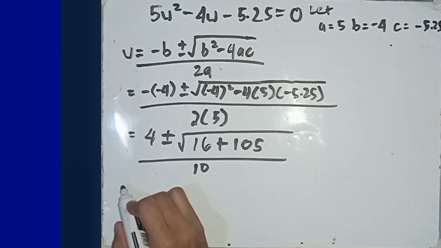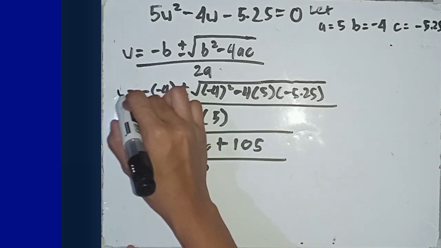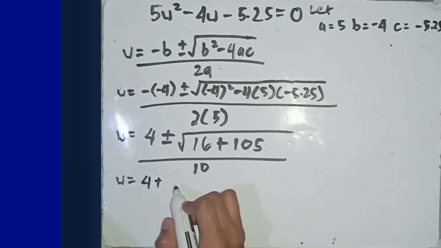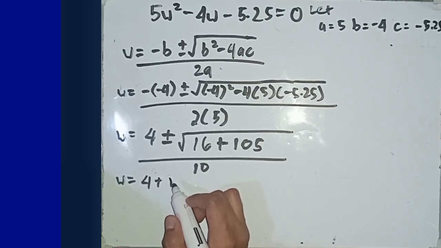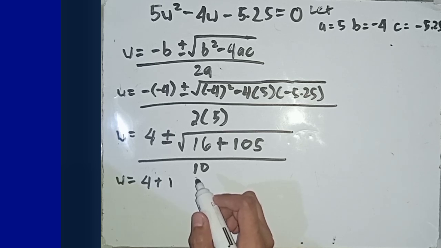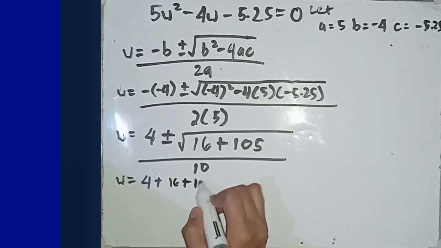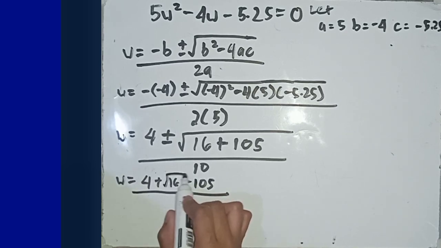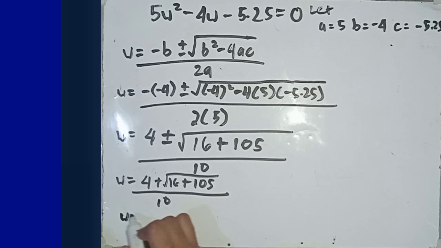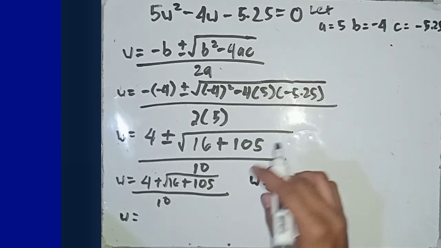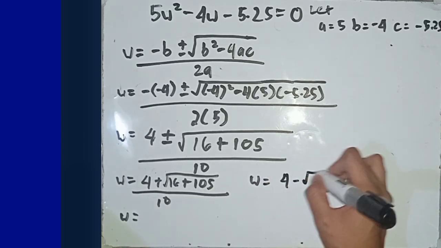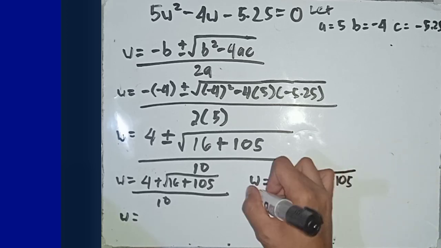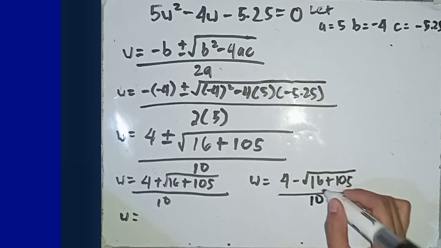Okay, we will segregate the plus and the minus because there are two solutions in using the quadratic formula, and that is 6 all over 10, and the other one is negative 16 plus 105 all over 10.